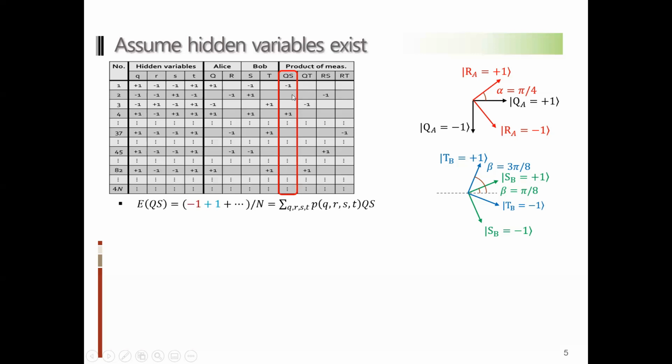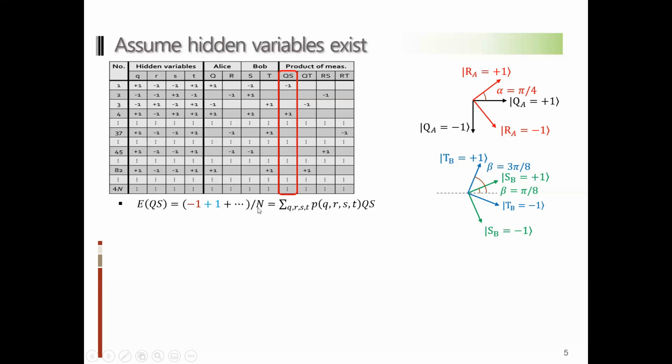To calculate the expectation value, what we have to do is collect all the cases when we had a value for the QS. In this case, I had a -1, and for this case, I had a +1, and there will also be non-zero cases occasionally. So if I add all of them together, then I also have to divide by the number of these samples.